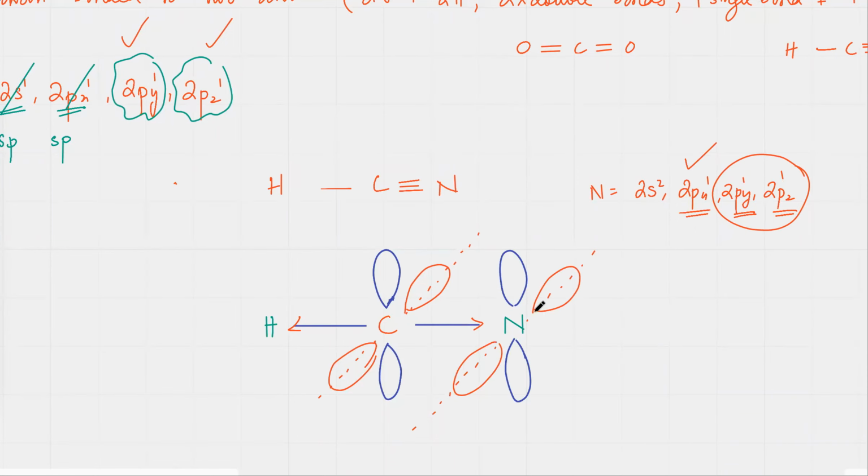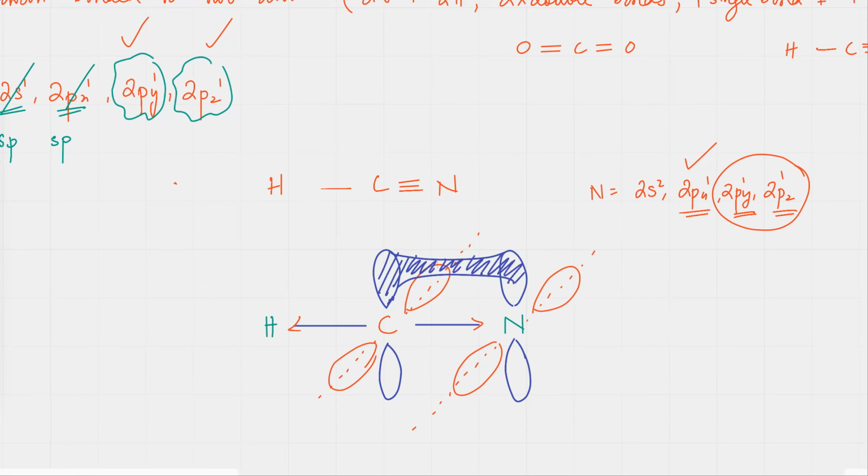So you've got two spare orbitals of carbon, the 2py and the 2pz, and two spare orbitals of nitrogen as well. They both need electrons. So they would start pulling each other's electrons, and they would start forming pi bonds.